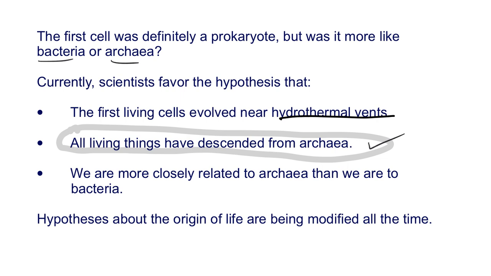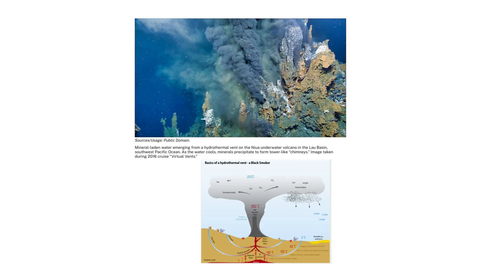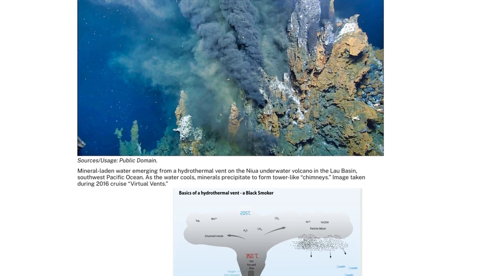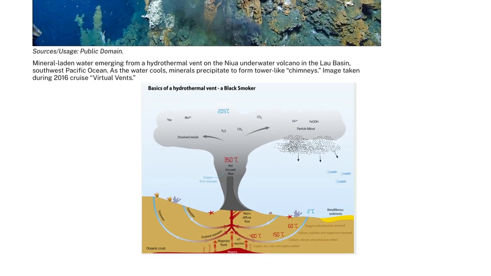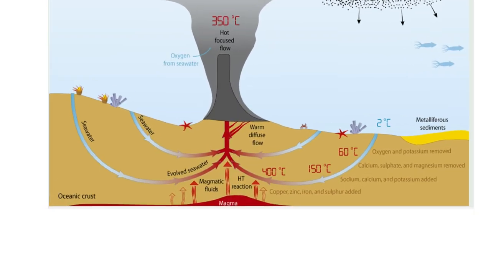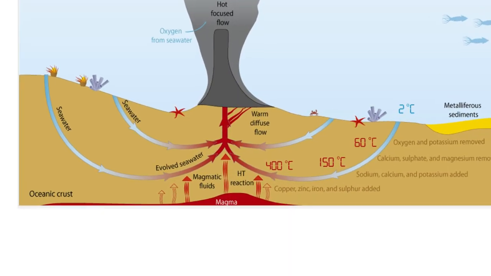Now, like these right here, this picture shows deep in the ocean where there's cracks in the crust. Underneath the crust is this hot lava, melted rock so hot, called magma.